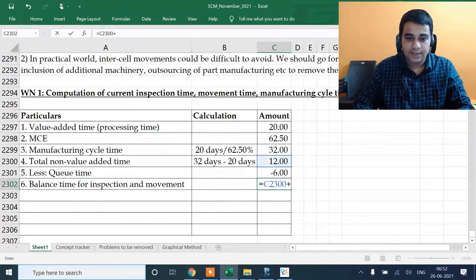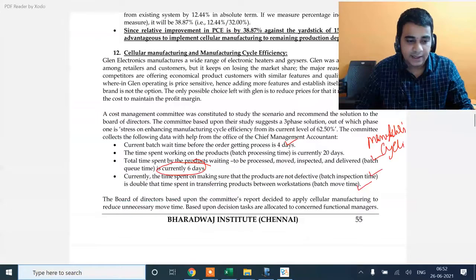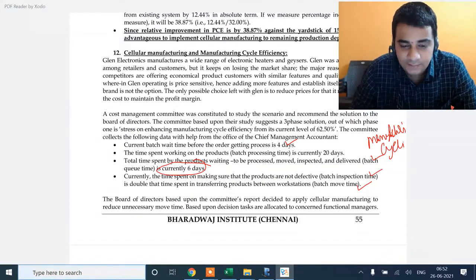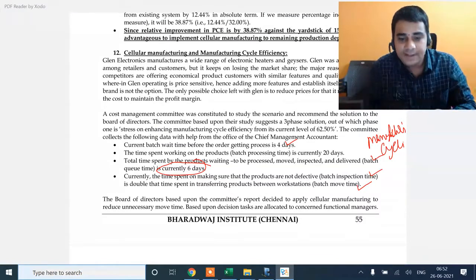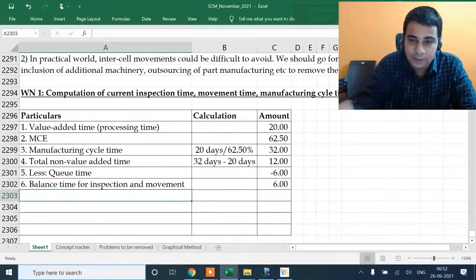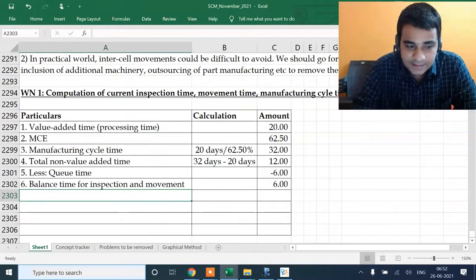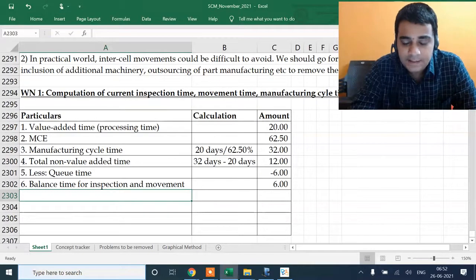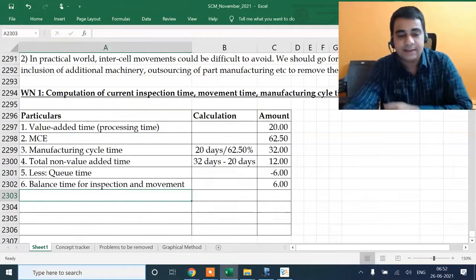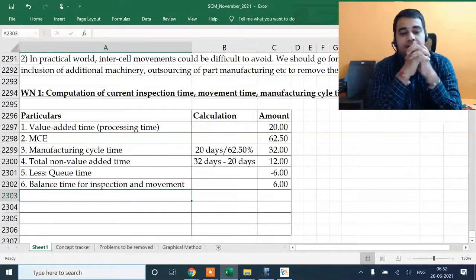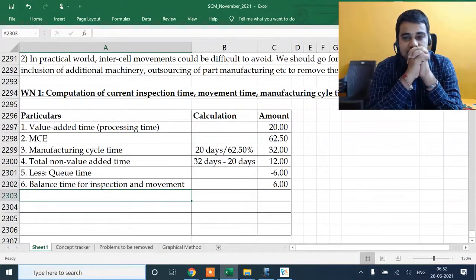There is some equation: they have said your inspection time is double that of movement time. Somewhere I'll get an answer accordingly. Any doubts till this, right? Less queue time 6 days, balance time for inspection and movement is another 6 days.